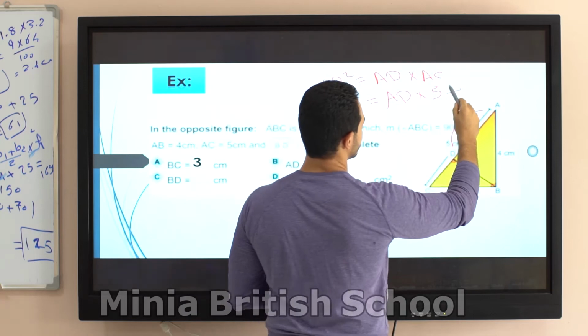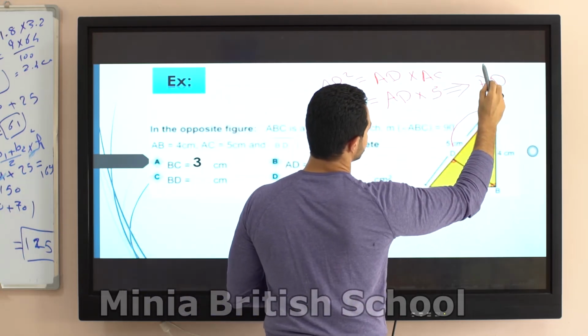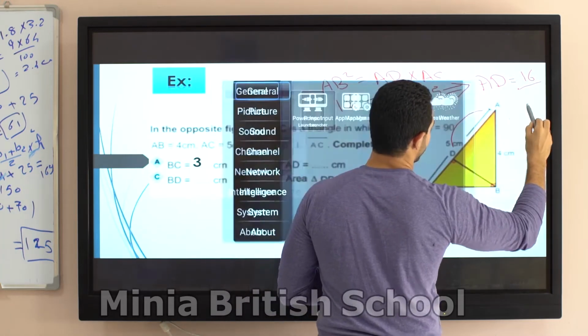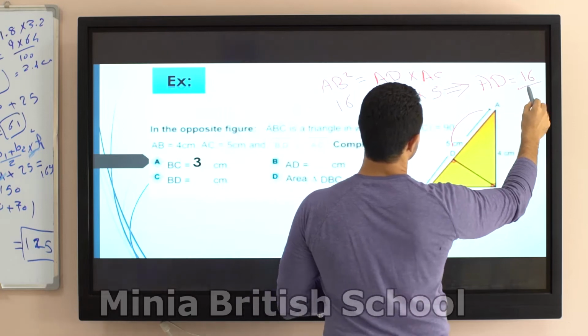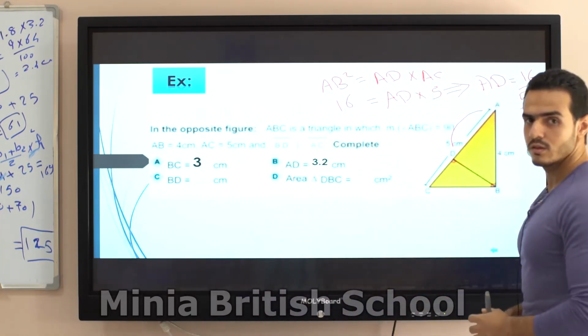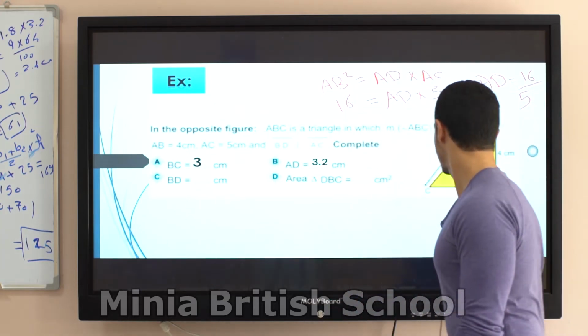So AD equals 16 over 5, which equals 3.2.